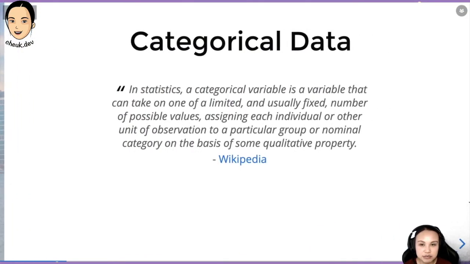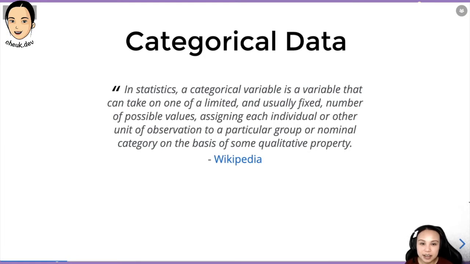This is the definition of categorical data. I would say that categorical data is actually very popular. The definition is that it's a variable that has a fixed number of possible values.